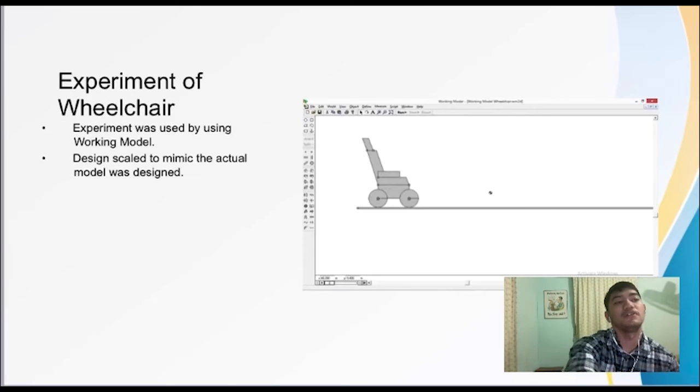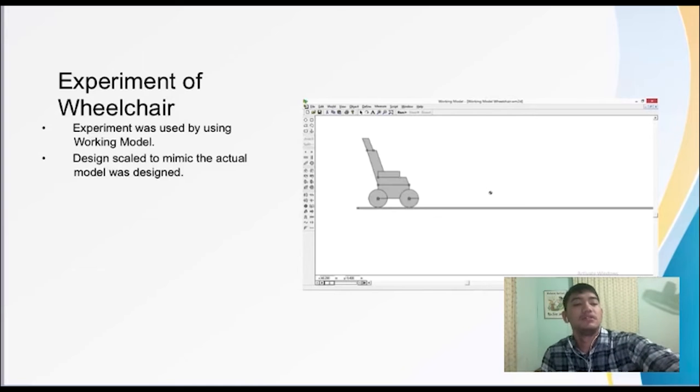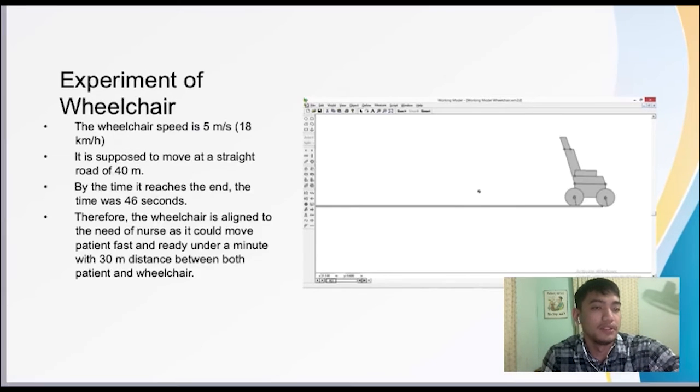So for the experiment of the wheelchair, it was conducted by using a working model, and the design is scaled to mimic the actual model. By using the working model, I built a plane that is 40 meters, and I set the speed of the wheelchair at 5 meters per second.